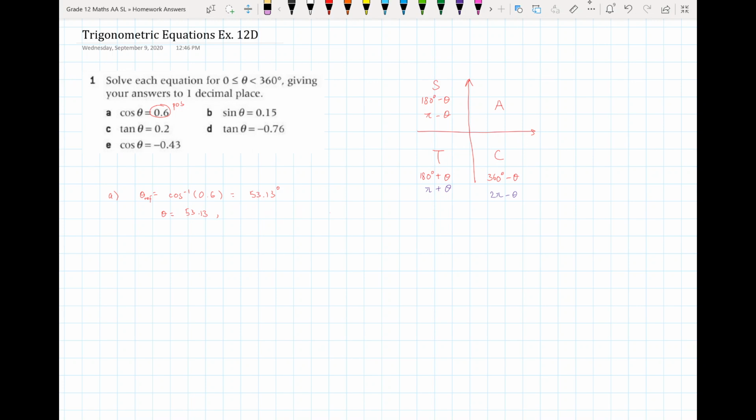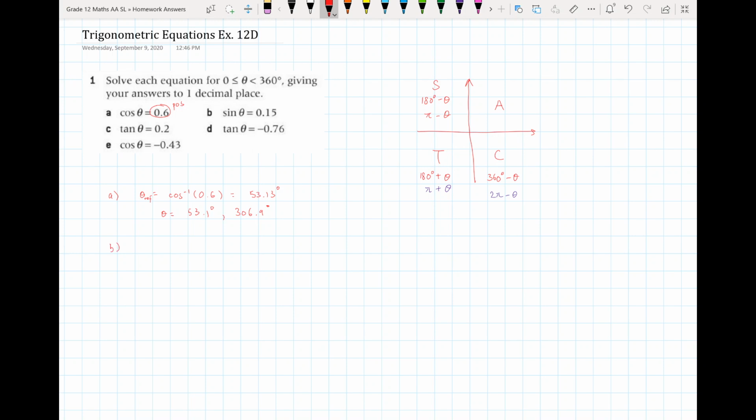Instead of actually writing it down, why don't I just write down what the answer has to be? So it will be 53.1, and then we do 360 minus, which will give us 306.9, correct to one decimal place.